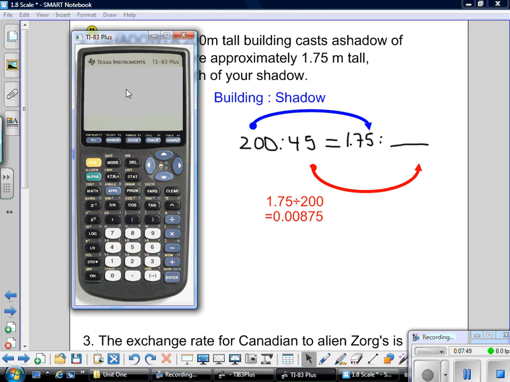So let's check that just to make sure that that's correct. So it means if I have 200, I multiply it by decimal 0.00875, I should get the 1.75, which we do. So therefore, I know then if I take the 45 and multiply it by that decimal, I should get the correct answer.